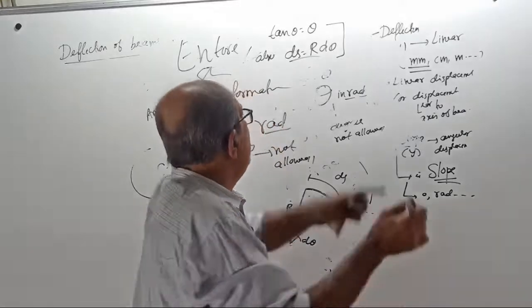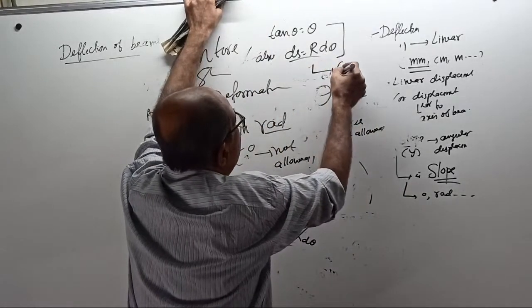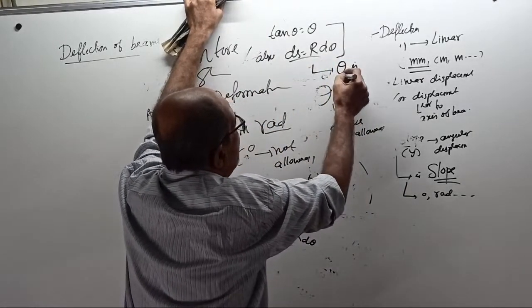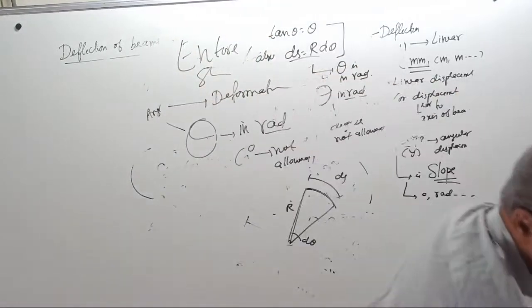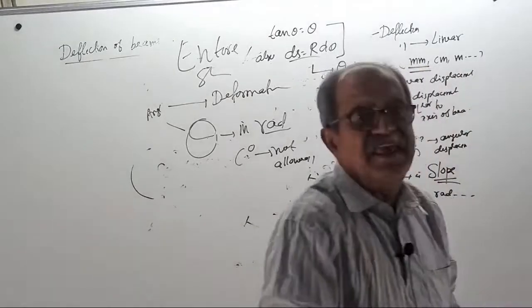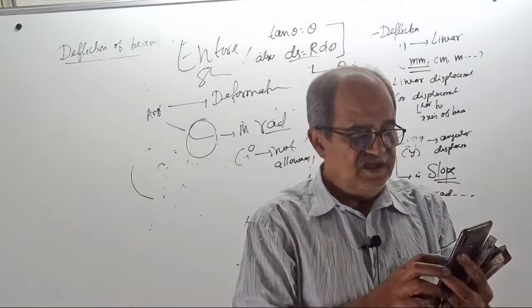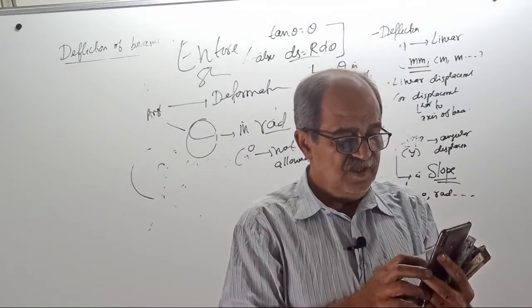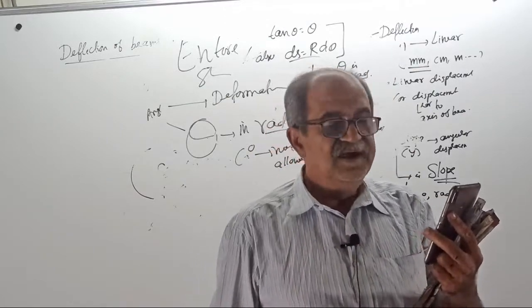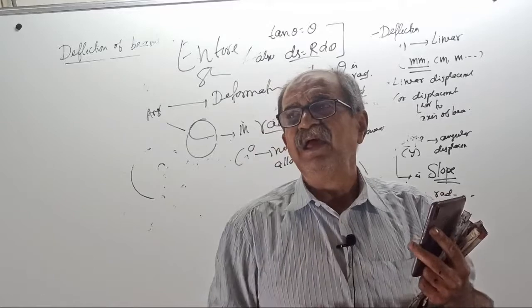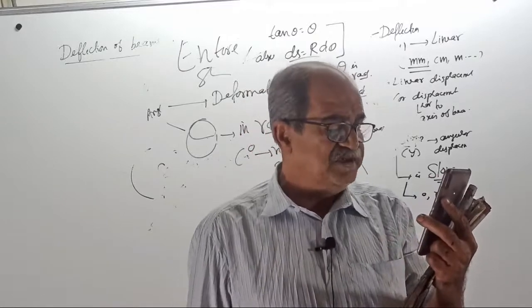That is valid only when theta is in radian. Full clear? Degree has no entry for deformation calculation.